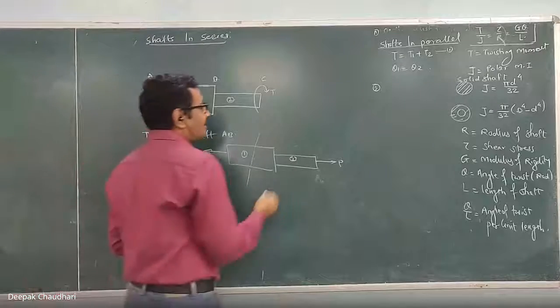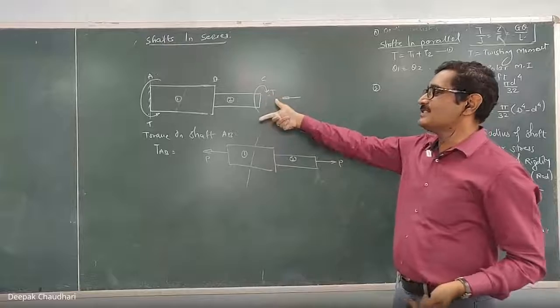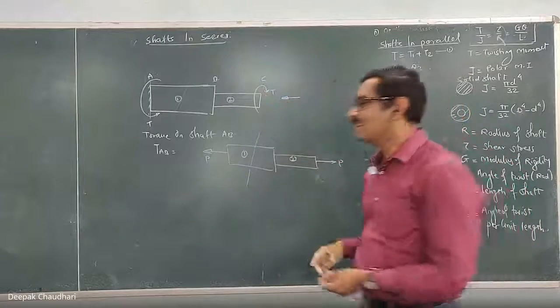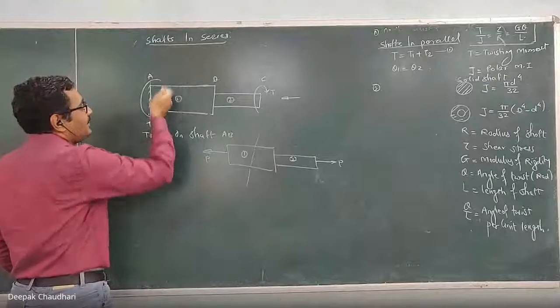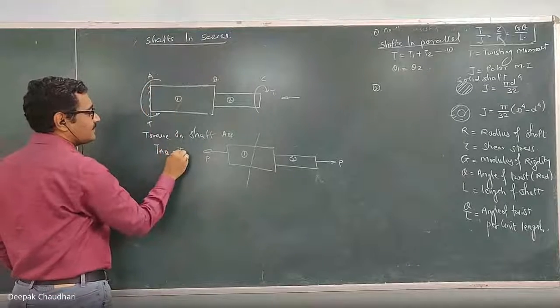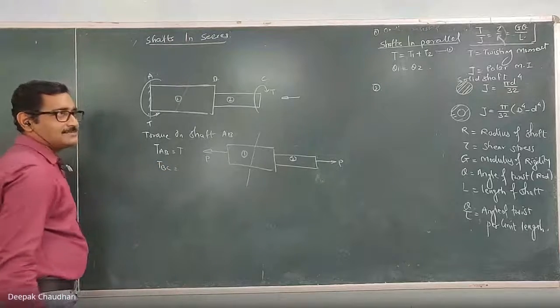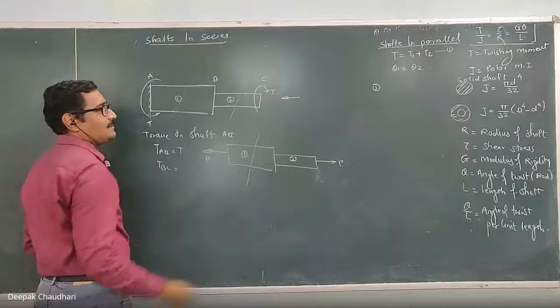For that you can decide the direction. If I look from this side, let's assume clockwise torque is negative and anti-clockwise is positive, to take the algebraic summation. For AB, the torque applied is T, and for BC, how much is the torque applied? To find that, take an imaginary section of BC and take the algebraic summation on any one side.